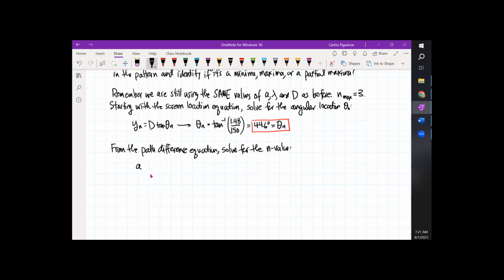So I'm going to get a sine of theta n, and this will be n lambda. So if I isolate n, this is going to be the diffraction parameter times the sine of 44.6 degrees, which will give me 3 times the sine of 44.6 degrees, which then gives me 2.11 equal to n.